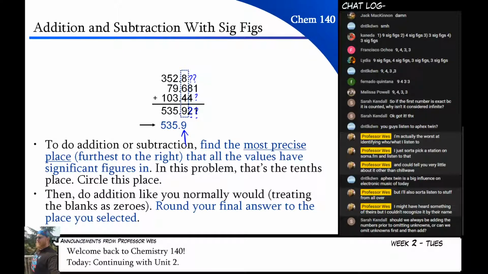Should we always be adding numbers prior to omitting unknowns? Yes. So do the addition first, and then round for sig figs. Because notice that this 8 and this 4 here made this a 9. So we know with confidence that it could possibly be 9 or 8, the previous number, as opposed to 8 or 7.